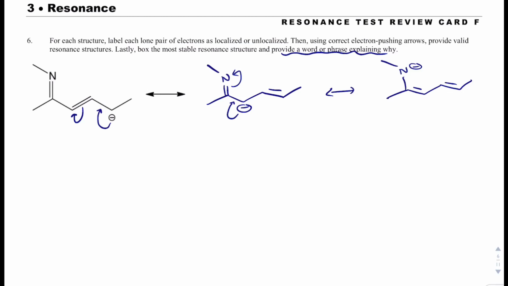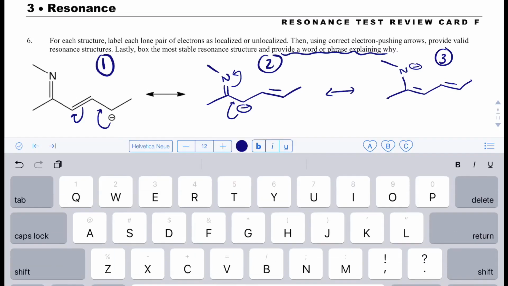And I'm going to label this structure 1, structure 2, structure 3. Let's see if Siri can get this right so I don't have to write it.